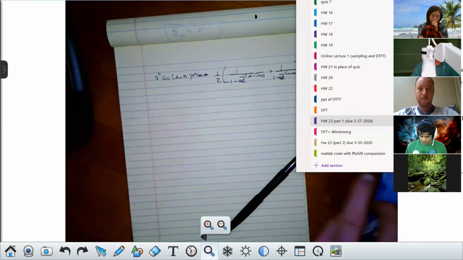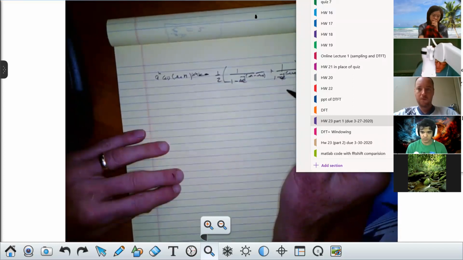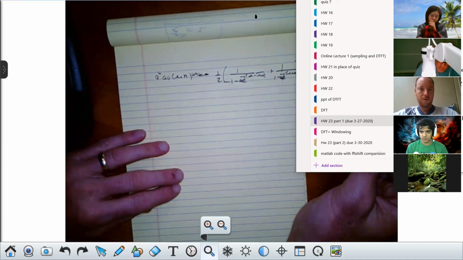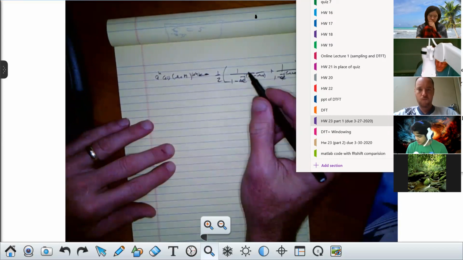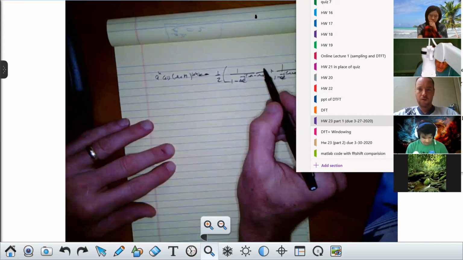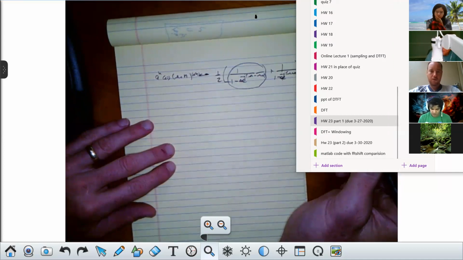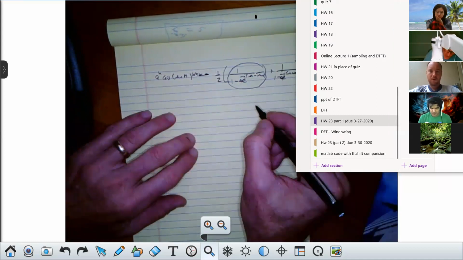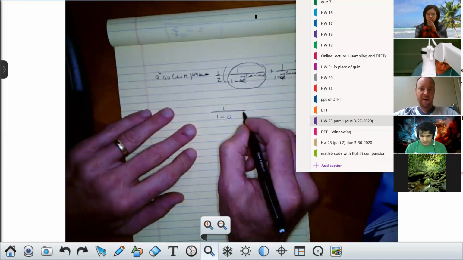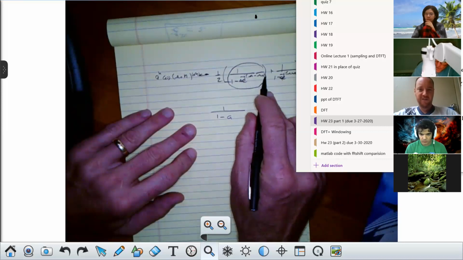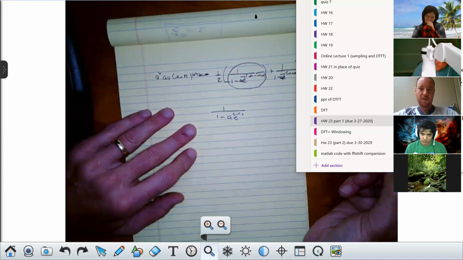Okay. Once we have that, how do we actually get the value of the response? Well, there's a lot of things we can do, but why don't we just do it by brute force? Let's take a look at this right here and find out what the inverse is. So in the frequency domain, I have really 1 over 1 minus a, and now I factor out that e to the minus j omega naught, which would be plus j omega naught there, correct?